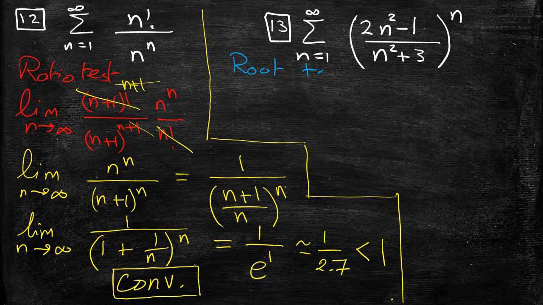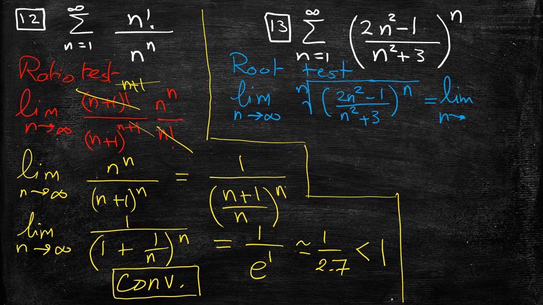So using the root test, limit when n approaches infinity, the nth root of the whole function to the power n, which is 2n squared minus 1 over n squared plus 3. The root will cancel the power, which will end up with a simple limit when n approaches infinity of 2n squared minus 1 divided by n squared plus 3.